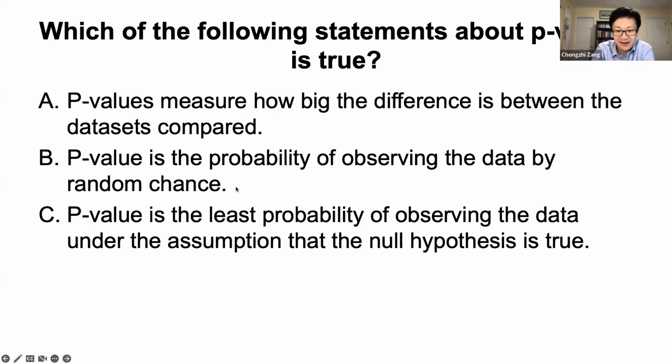We consider the null hypothesis as random chance. But in more rigorous statistical thinking, B is incorrect. P-value does not necessarily mean observing data from random. P-value only means the probability of observing the data under the null hypothesis assumption.